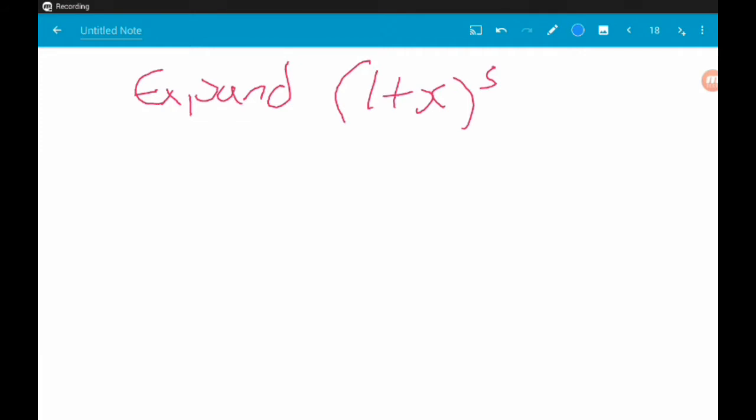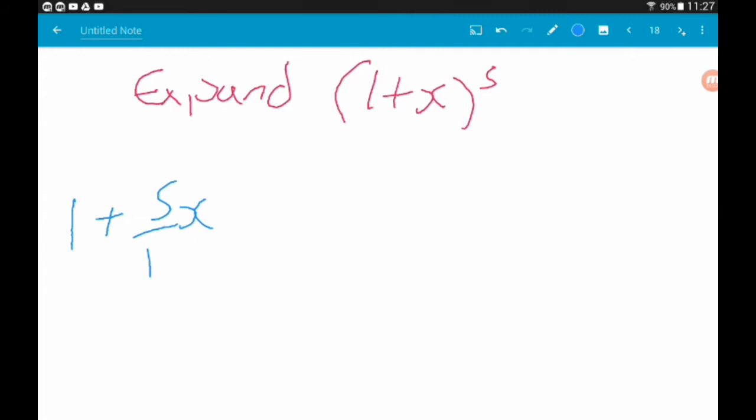Okay, so here we're going to expand (1 + x)^5 using the formula. So our first term is going to be 1. Our second term is going to be 5 over 1 times x. Here remember n is equal to 5.